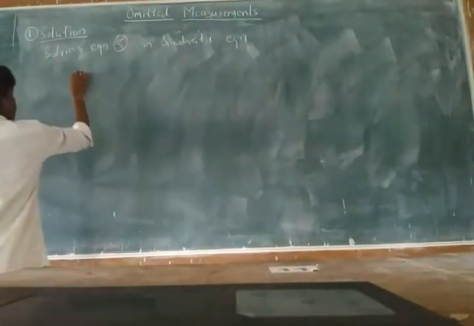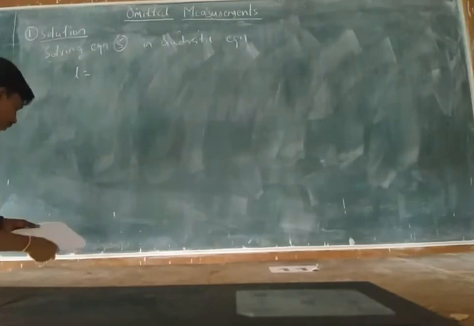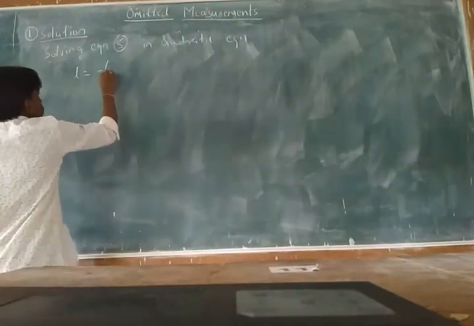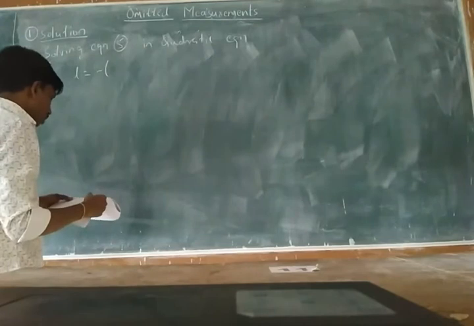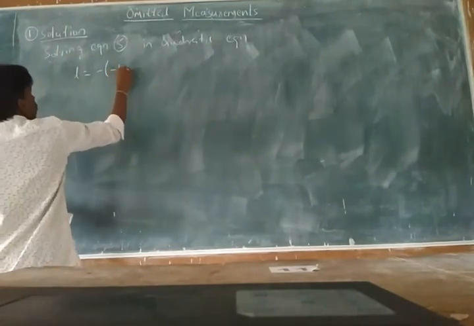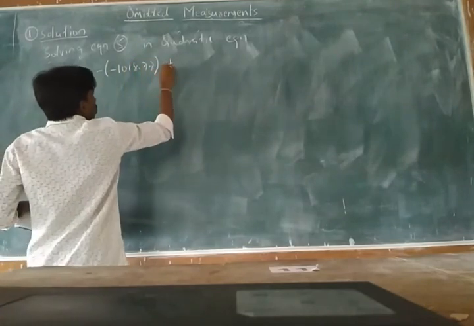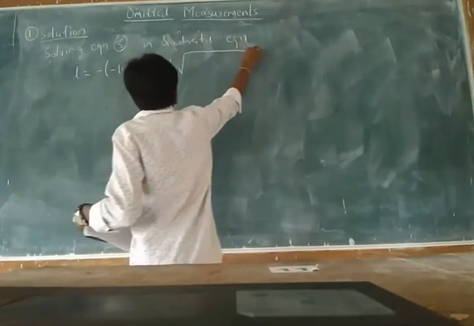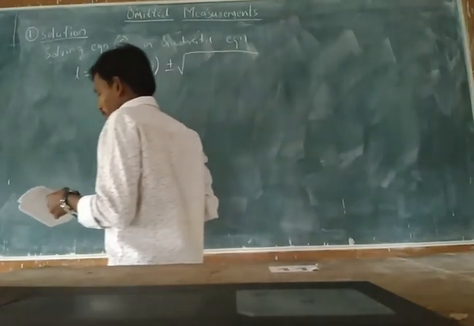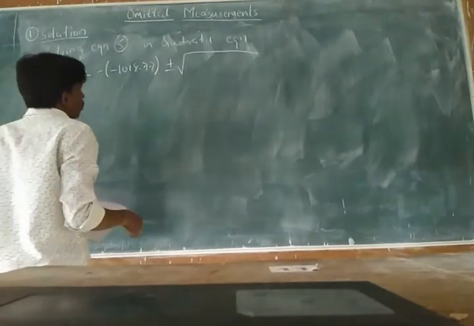So L is equal to, as per the formula, minus b. So minus of the b value, which is minus 1018.77. So minus 1018.77 plus or minus square root of b square minus 4ac.